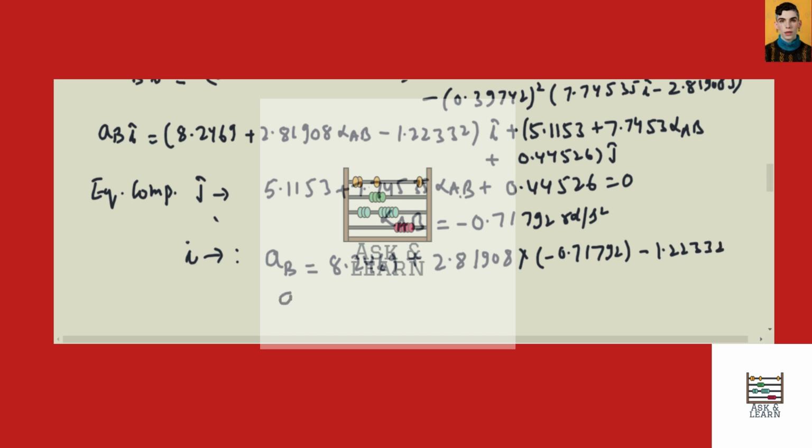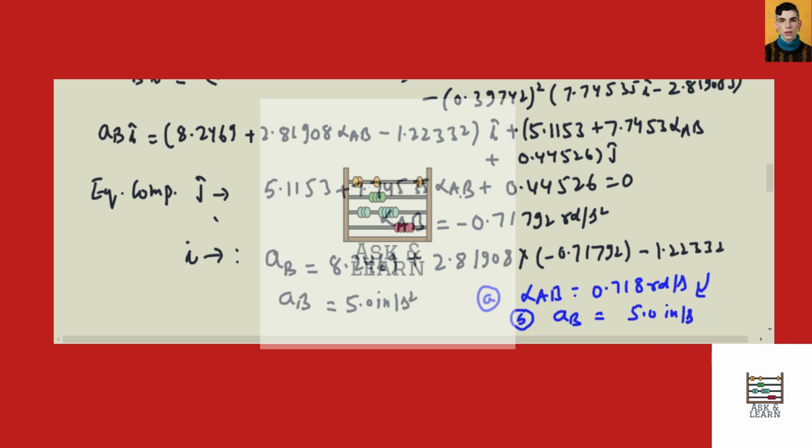So acceleration of B you will get 5.0 inch per second square. So answer of part A is alpha AB is 0.718 radian per second square in clockwise direction, and answer of part B is acceleration of B is 5.0 inch per second square to the right. So this is the answer for this problem.